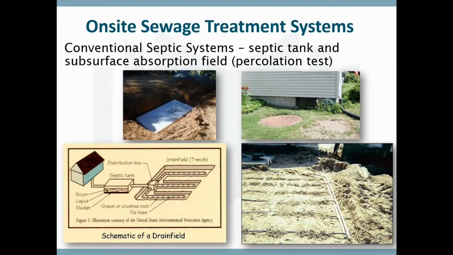But the caveat is the property on which these types of systems are going to be put has to pass what we call a percolation test. That drain field has to be able to drain the wastewater into the native soil, and that native soil has to be able to absorb it, drain it further down. If it can't do that, you can't put in a conventional septic system with a drain field. So that's why you see a lot of these mechanical treatment systems in certain areas.